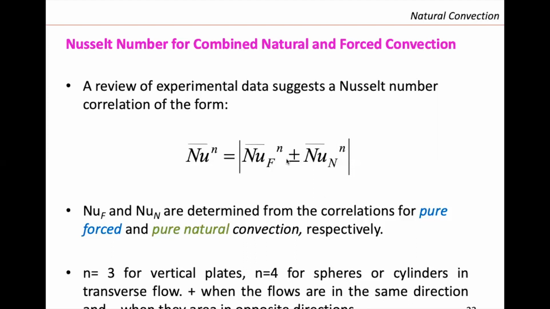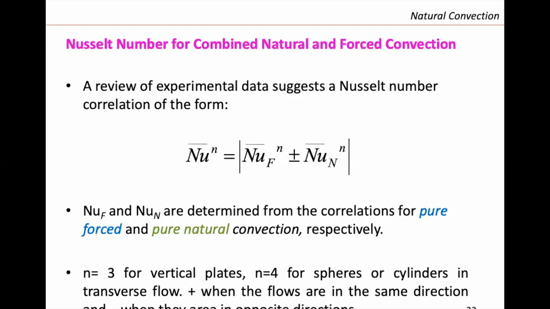And you will use a plus sign in this equation when the flows are in the same direction, when they are helping, right? And minus when they are in opposite directions, when the natural is hurting the forced heat transfer, right? Like we observed in the images in the previous slides.